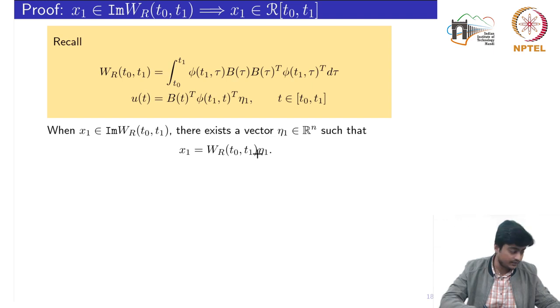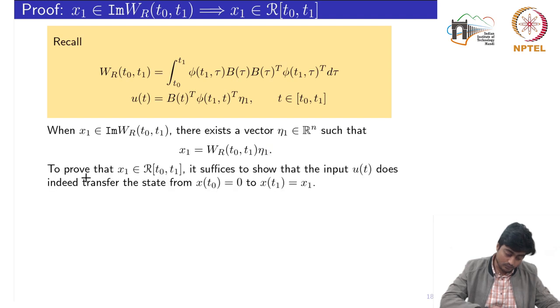This is the definition of the image of a matrix. Now to prove that x1 also belongs to the reachable space, it suffices to show that the input u(t), which is given in the theorem, does indeed transfer the state from the origin to some x1 at t1.